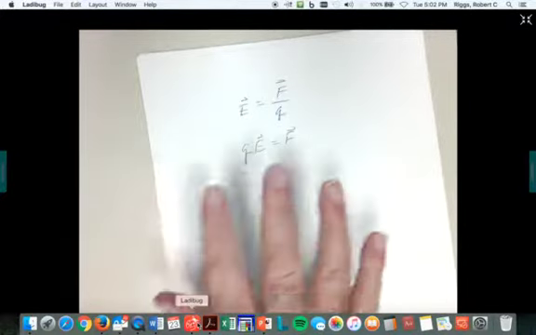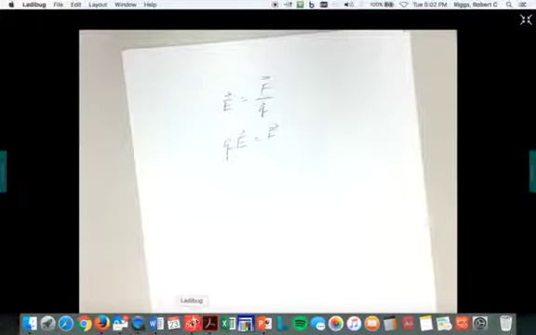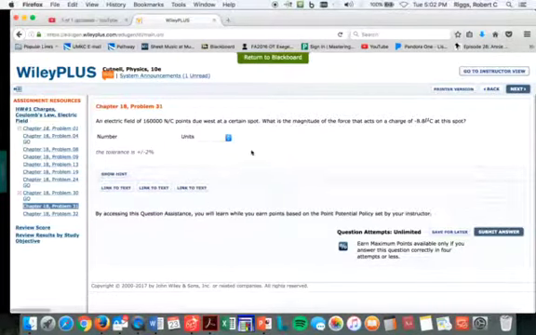I think that's what we're after. But what were they asking? Did they want the direction? What is the magnitude? No, so it's all positive. So remember that: magnitude means positive. All right?